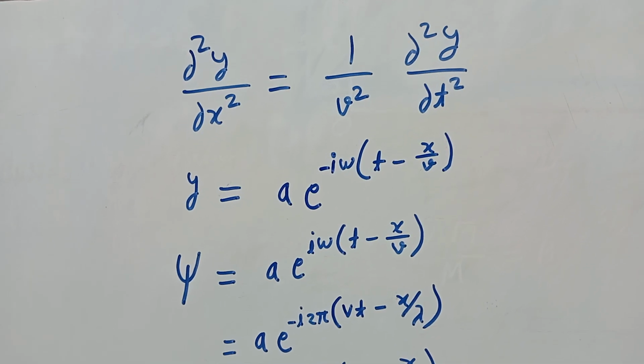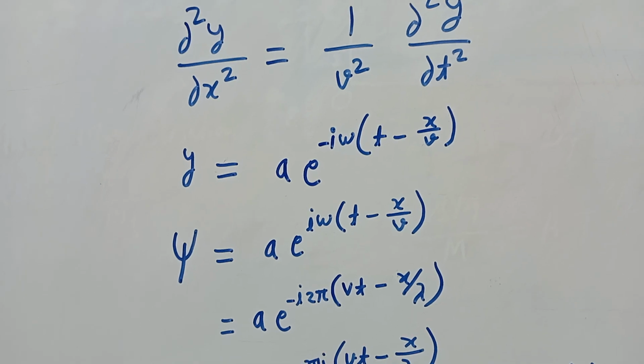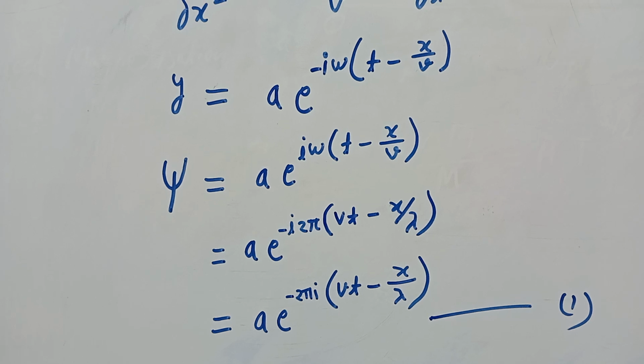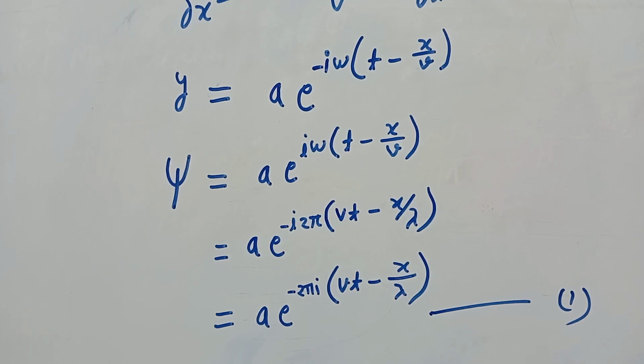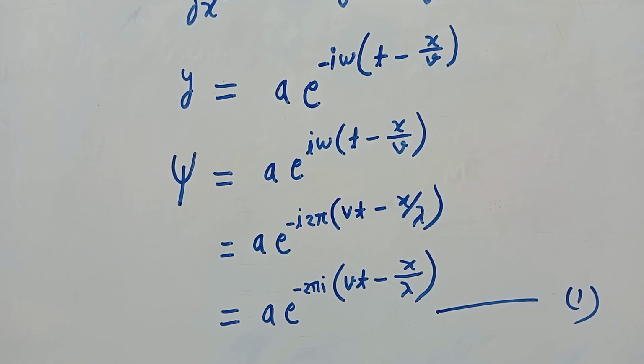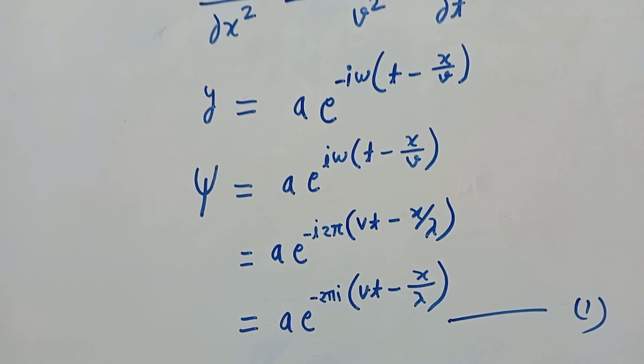Solution of this differential equation shall be y equals a e raised to minus i omega t minus x by v. This solution comes from classical mechanics.